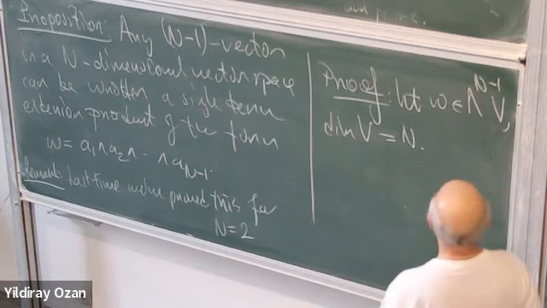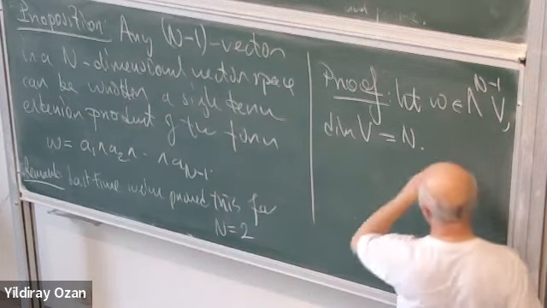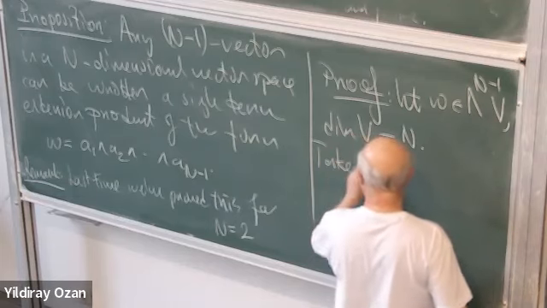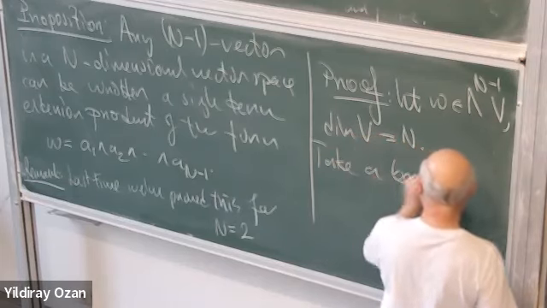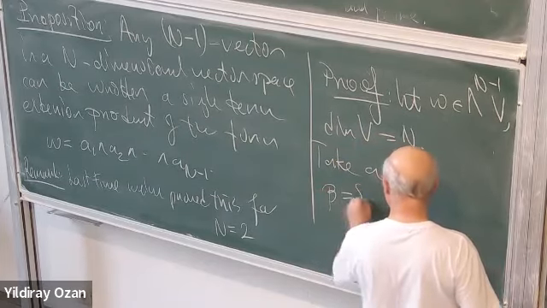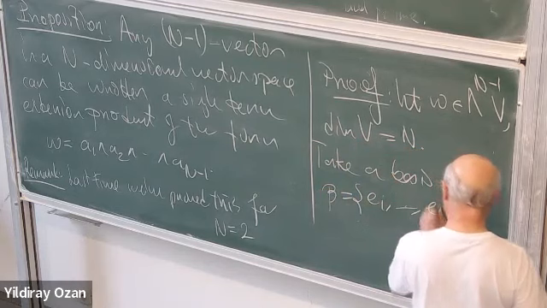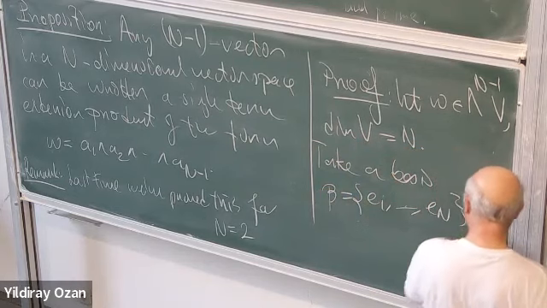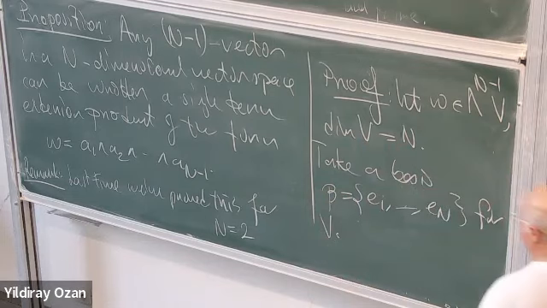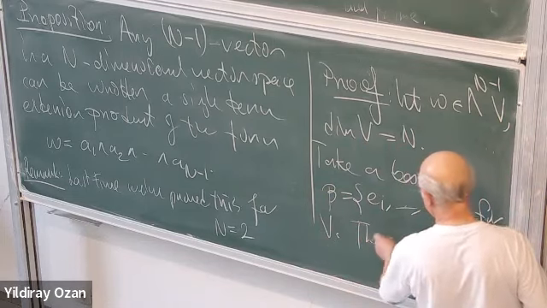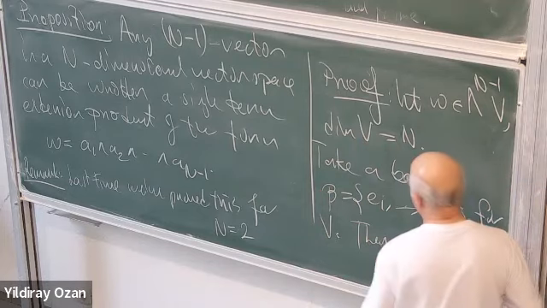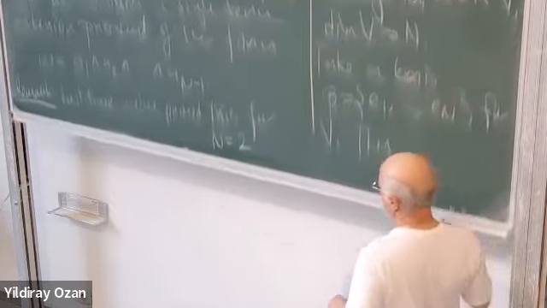Okay. Now take a basis e1 up to en for V. Then this W can be written like this.